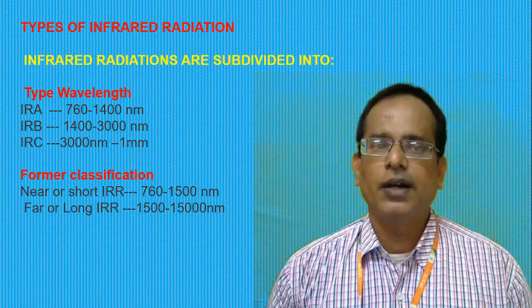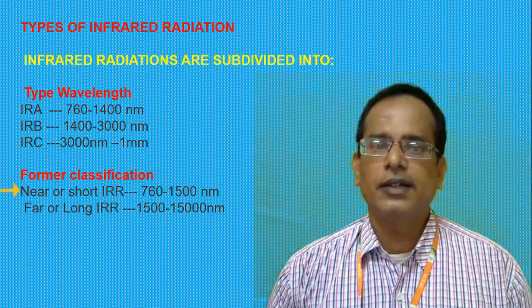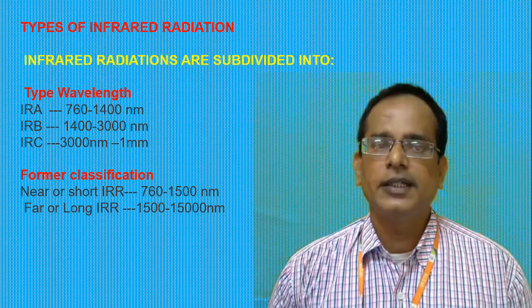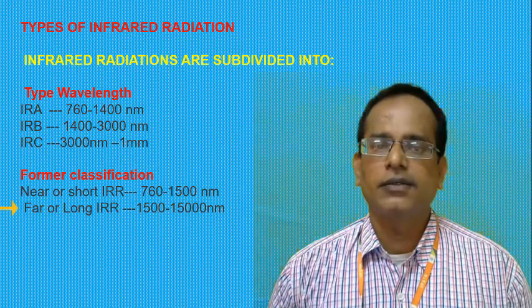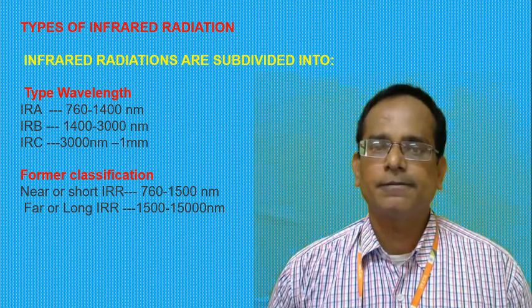In the former classification, they were classified as near or short IR, the near infrared rays, with wavelength 760 to 1500 nanometer, and far or long IR, the infrared radiation, with wavelength 1500 to 15,000 nanometer.